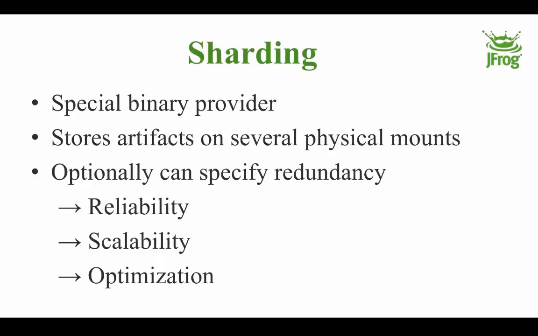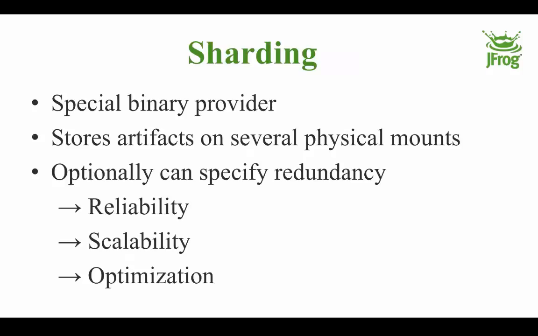So let's take an example where you have, for example, 5 different mounts. And then you also want to make sure that your artifacts are replicated twice. So you have 2 copies of any single artifact to make sure your Artifactory storage is fully fault tolerant. Your Artifactory artifacts are redundant to any kind of failures.